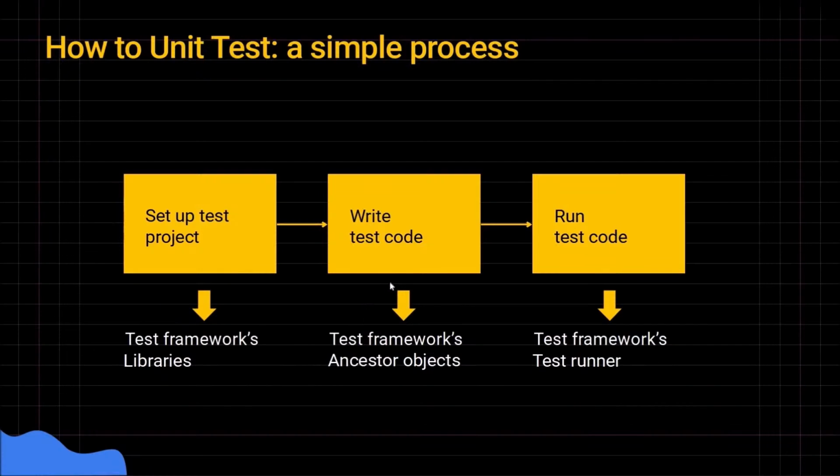Next, we write tests that are NVOs in PowerBuilder by inheriting from the framework's ancestor objects. Finally, we run tests and see the results using an application called Test Runner. This is the visual way of using tests, but we'll see that we also can inspect the results of the tests in an automatic way in a CI framework.